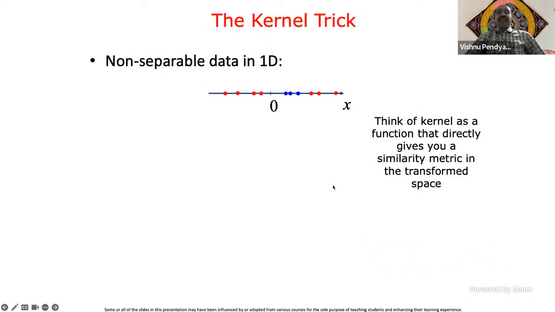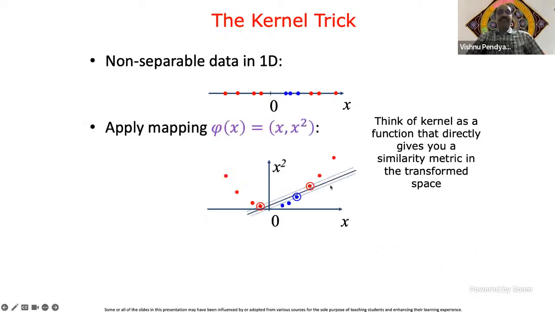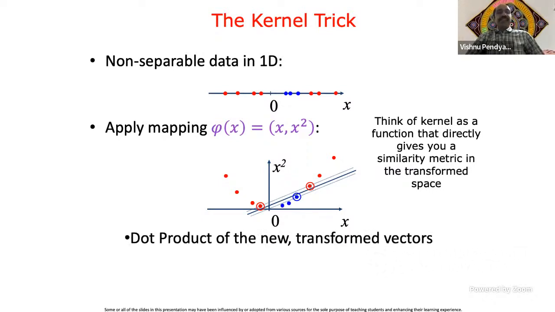So that is a kernel trick. So the kernel trick is basically take nonlinear data, say in this example, one dimension, and apply a mapping, in this case, x comma x squared, such that the dot products of the new transformed vectors can be expressed as a kernel function.